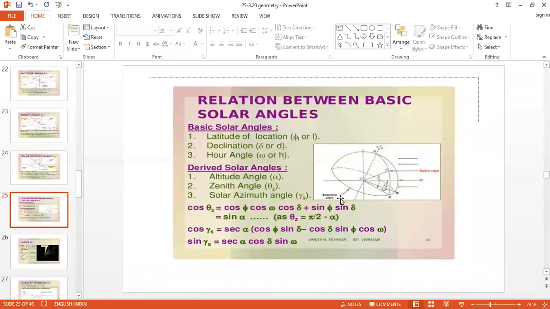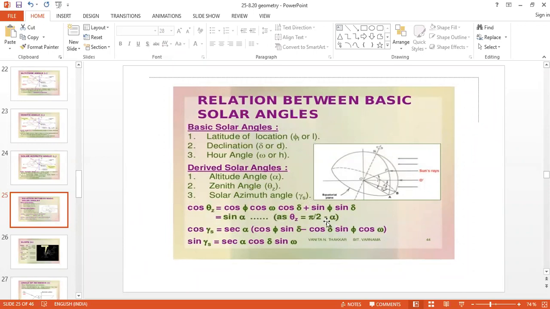This is the north pole and this is the equatorial plane. And the formula is cos theta z equal to cos phi cos omega cos delta plus sin phi sin delta, and it can also be written as sin alpha equal to sin phi sin delta plus cos phi cos delta cos omega, as theta z equal to pi by 2 minus alpha.